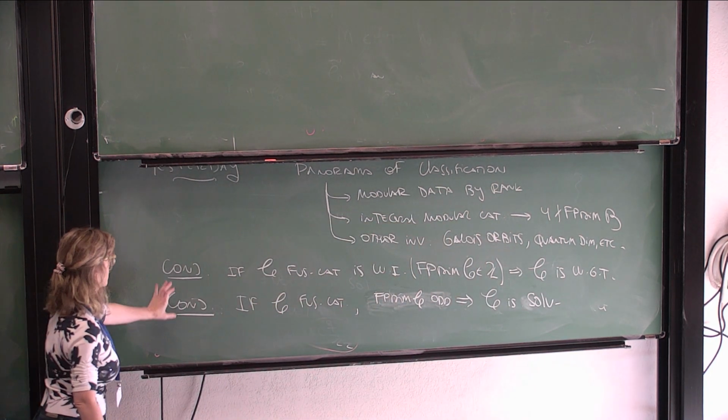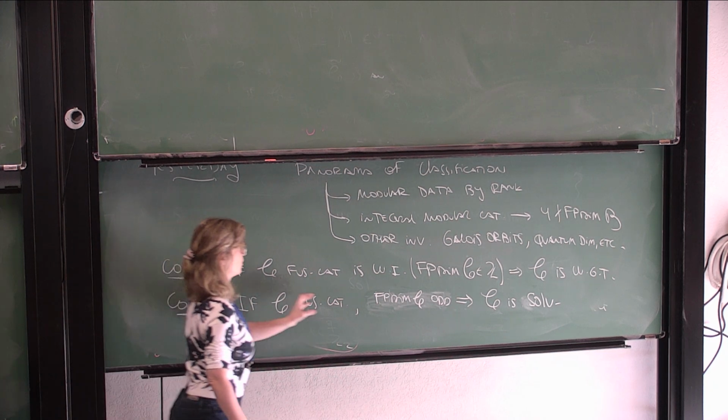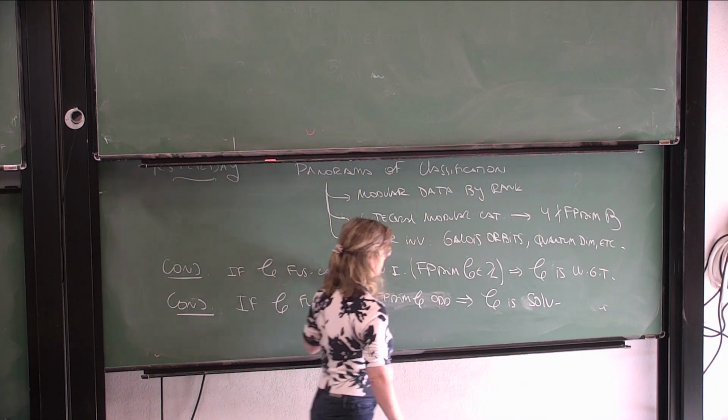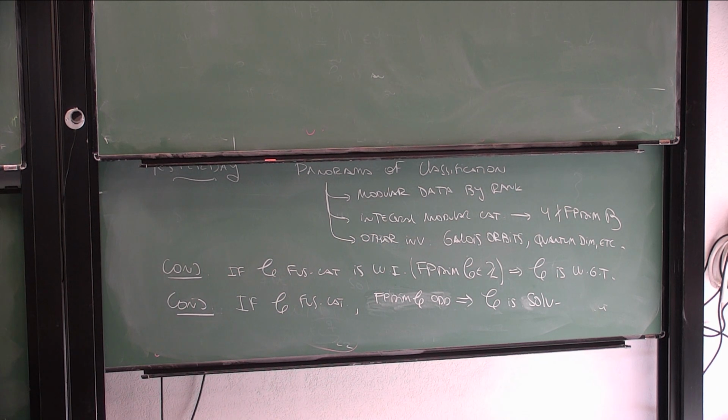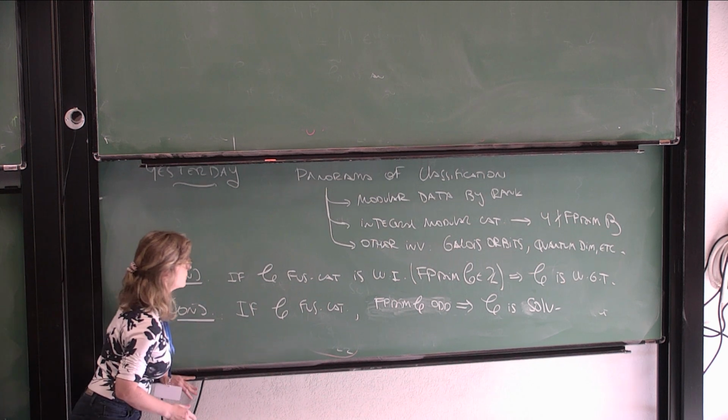And if this conjecture is true, then it will follow that it's weakly group theoretical for these families. So it will be a partial proof, or a proof for certain families, of the other conjecture. So this will give more evidence if it's true.